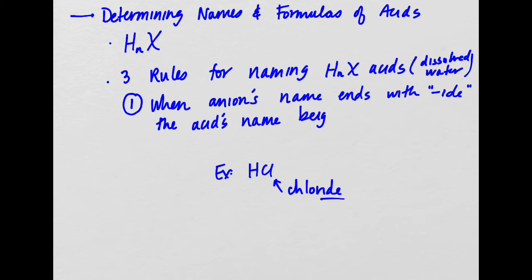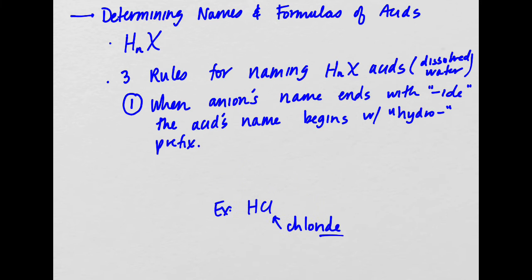All right, that's the first part of Rule 1. The second part of Rule 1 is that the stem of the anion, the suffix, is changed to ic, and it's followed by the word acid.